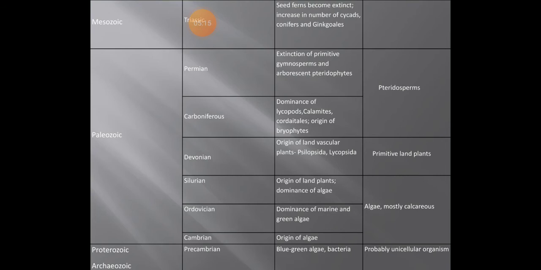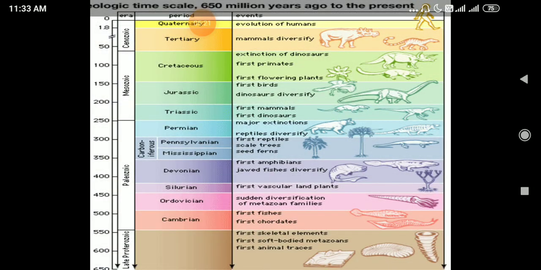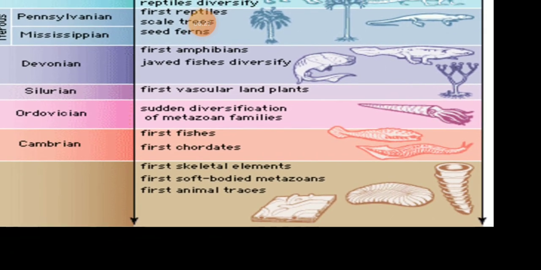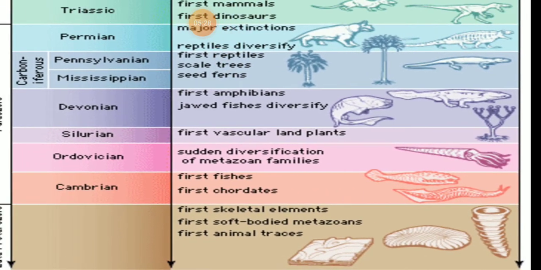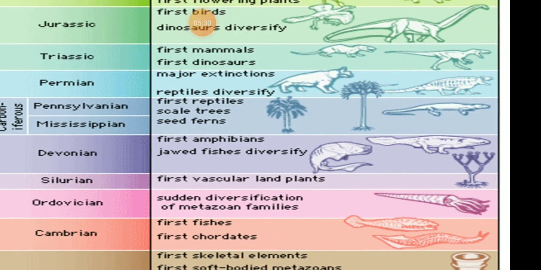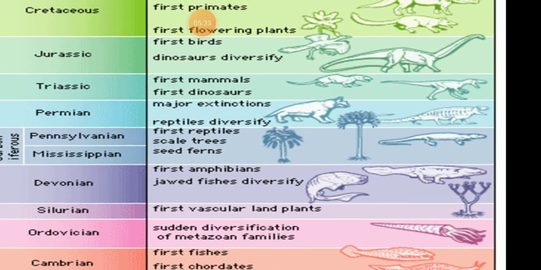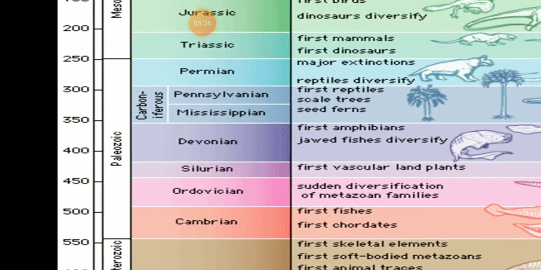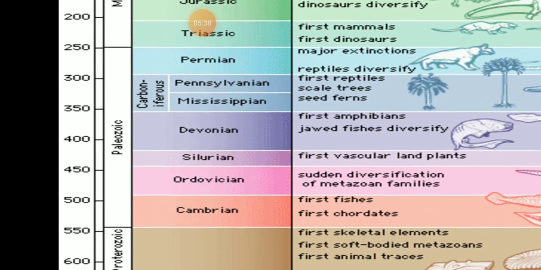In the Paleozoic era, it is usually dominated by algae and pteridophytes. Just look at this picture, and you can easily find which animals or plants occurred in different geological eras, especially the ferns, which occur in the Carboniferous period in the Paleozoic era.